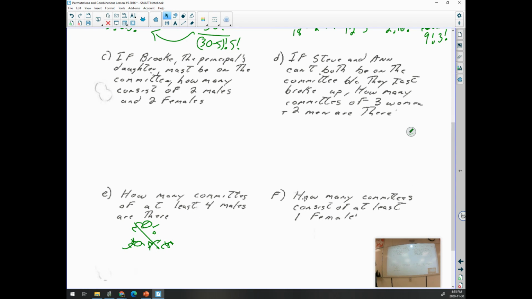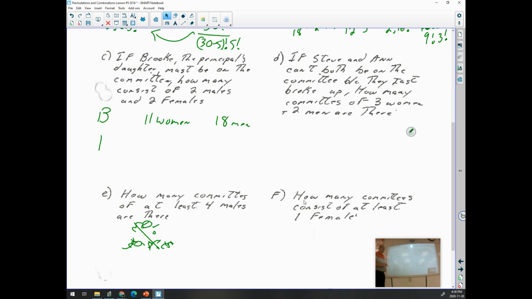Brooke, the principal's daughter, must be on the committee. How many committees consist of 2 males and 2 females? So we're going to deal with Brooke. That leaves us with 11 women, because we've taken Brooke out of the pile of women, and that still has 18 men.